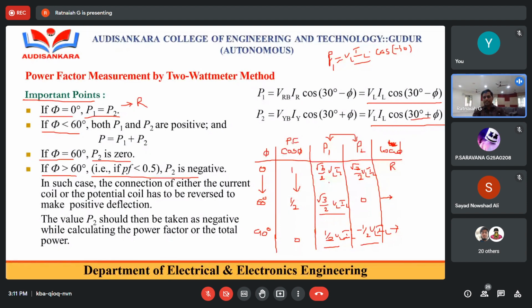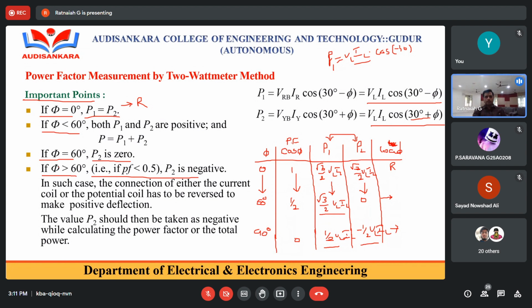Initially, both wattmeters have the same reading, P1 and P2. But while the angle keeps increasing, one wattmeter shows the reading and the other wattmeter reading becomes 0. That means one wattmeter reading is positive and the other is 0.